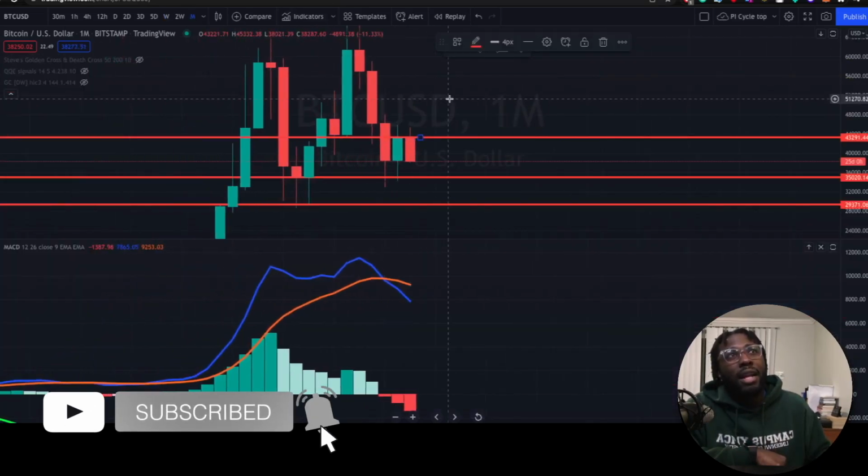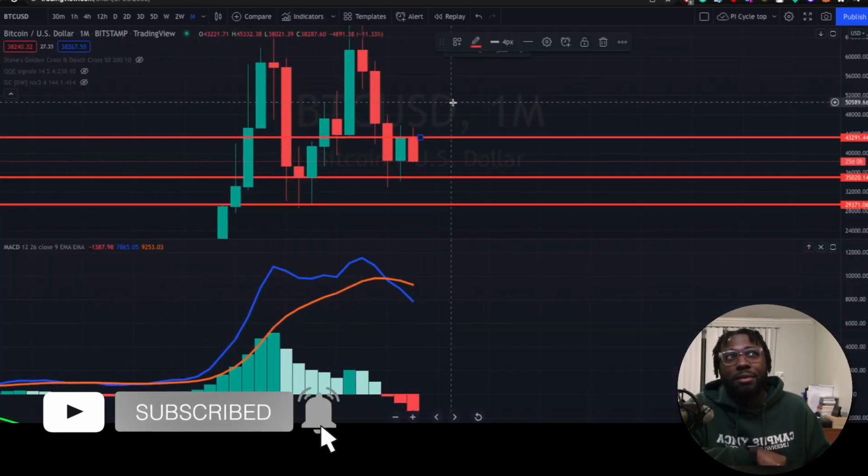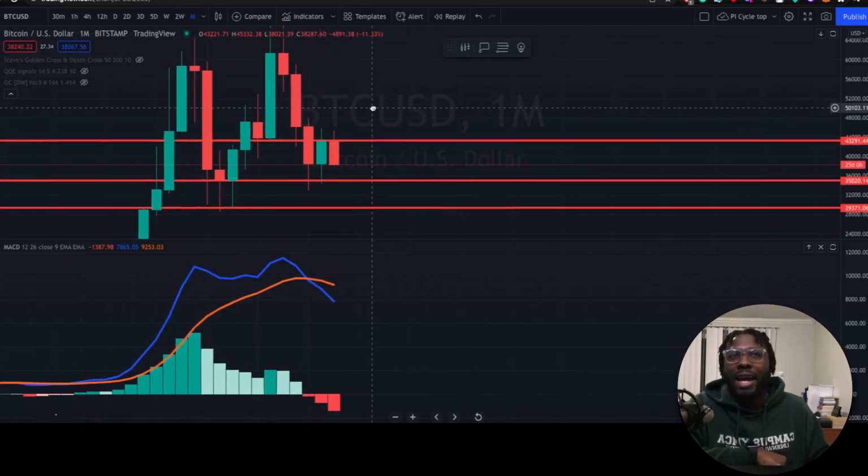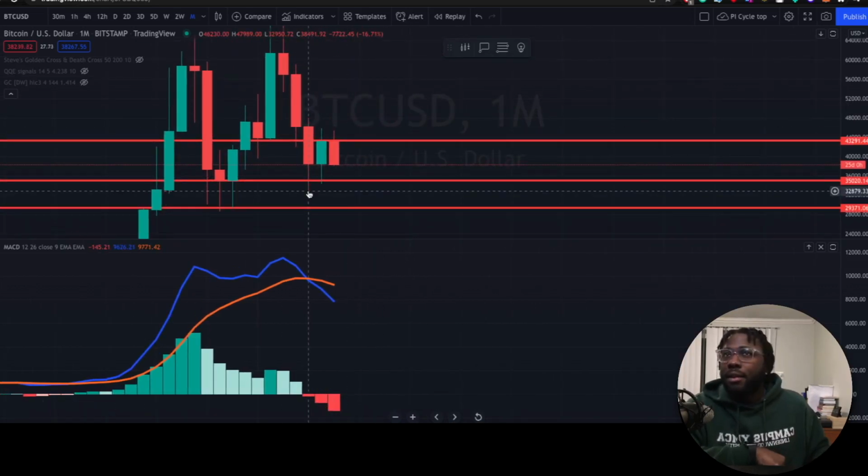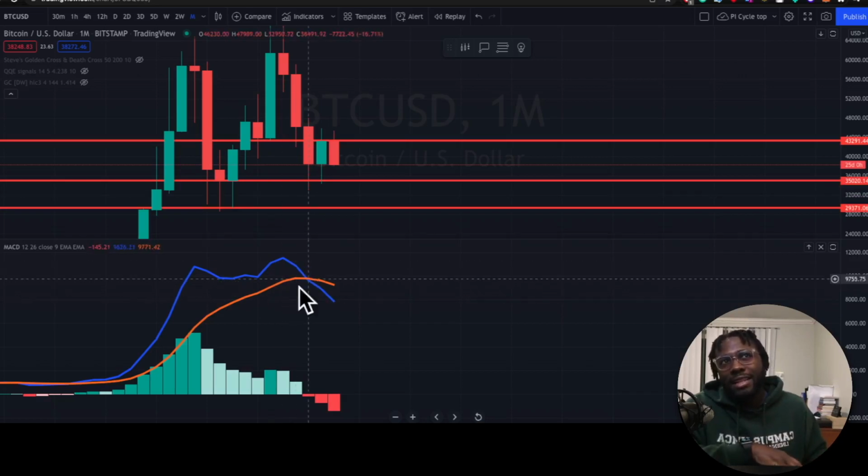What I'm looking at here is my monthly chart. In one of my videos, I highlighted that the higher the time frame, the more powerful the chart is. Even though I'm highlighting that indicators are lagging, we can see that this MACD cross is powerful.